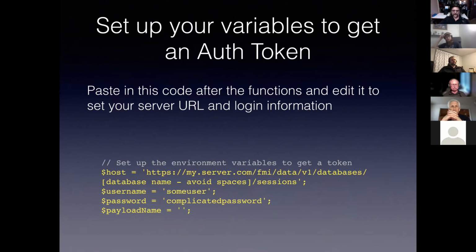So the first section of that sets up your host variable, HTTPS:// server / yada yada yada. It does need the database name, and I have made it work with spaces inside the database name, but it's just slightly easier if you can avoid that. Otherwise, you have to put the %20 in for spaces or other special characters.